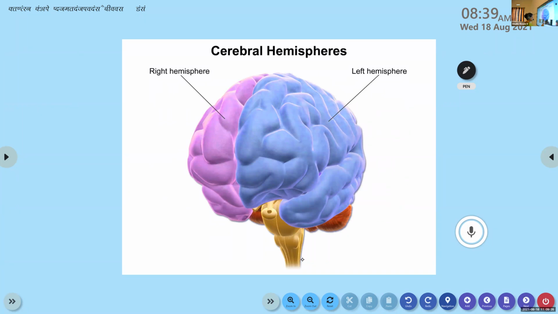Yes, I hope you know about the left and right hemispheres of the brain, isn't it? So the major cerebrum part is divided into two hemispheres. Hemispheres means a half of a sphere. So one is called right hemisphere, the other one is called left hemisphere.